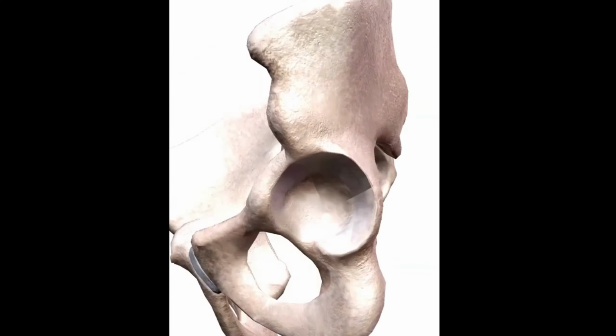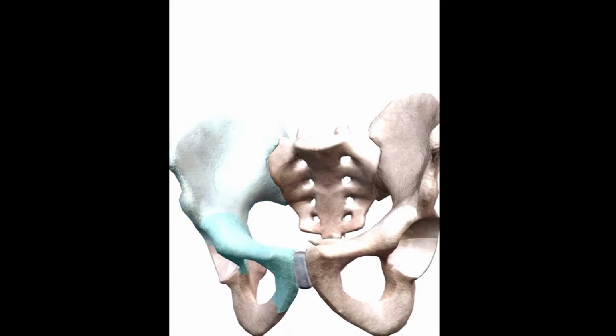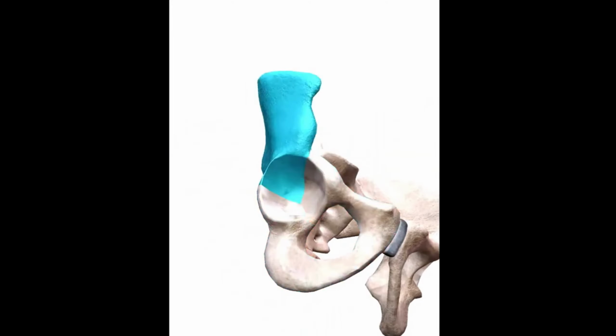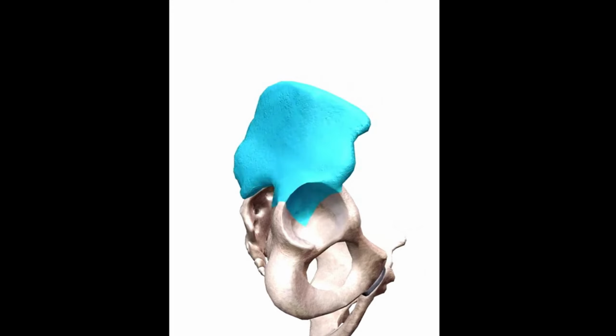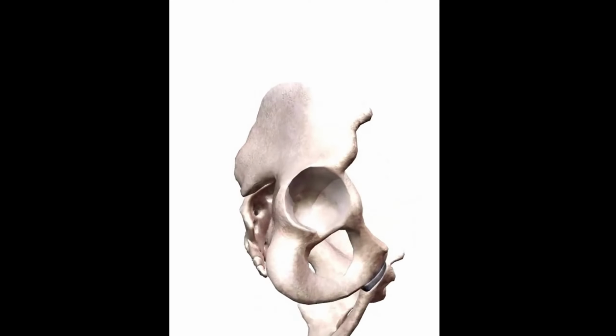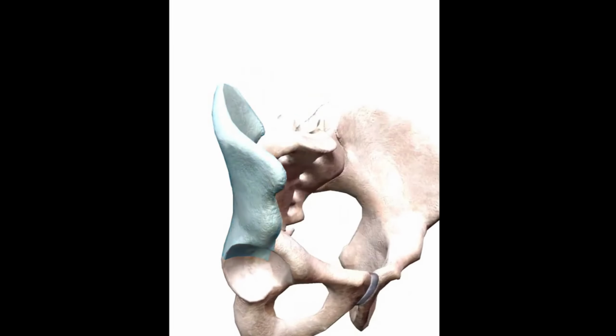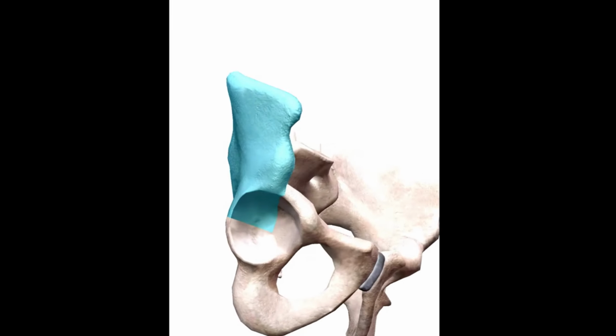Let's take a look at one os coxa, which of course is three fused bones. Here's our os coxa, these three fused bones. You can see how they come together in the acetabulum. But this bone here, that would be your, that's right, ischium.